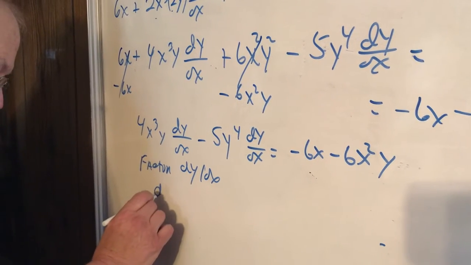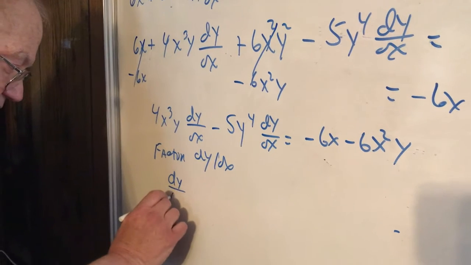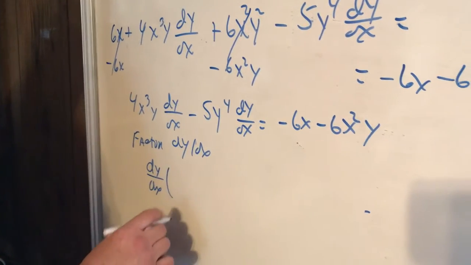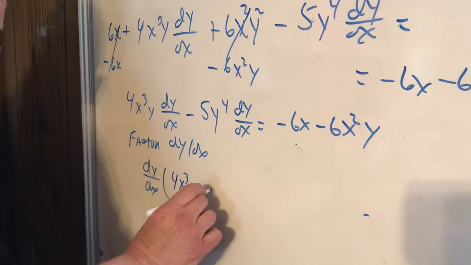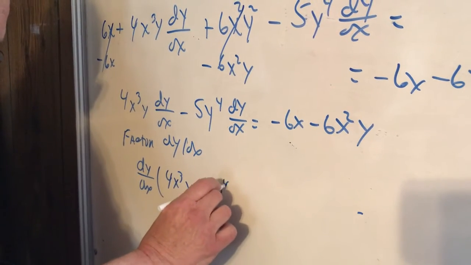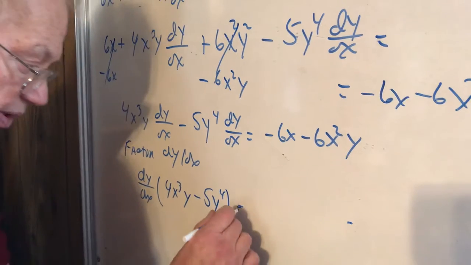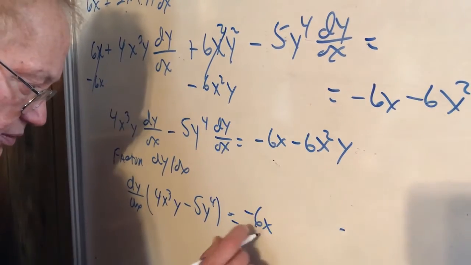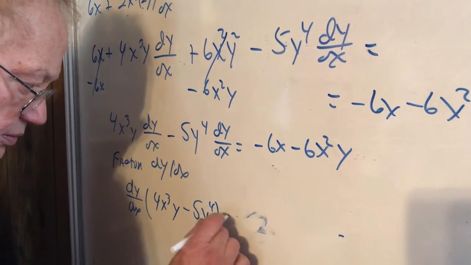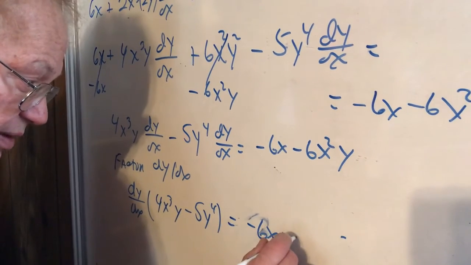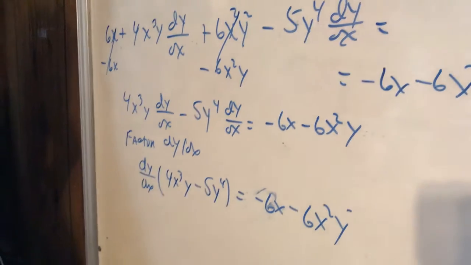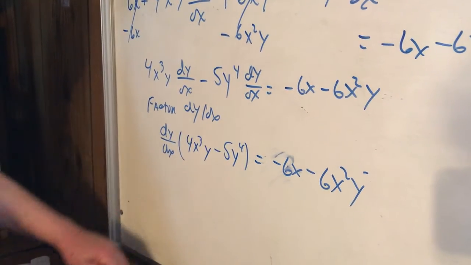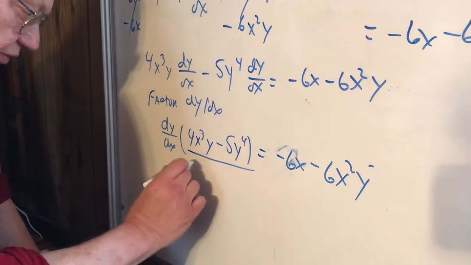Well, I get dy/dx times 4x third y minus 5y to the fourth equals minus 6x minus 6x squared y squared. Now, since I want to isolate dy/dx, I divide both sides by this.